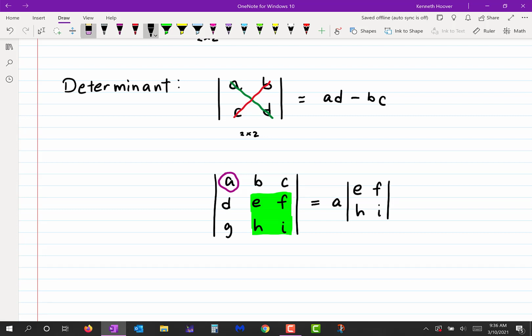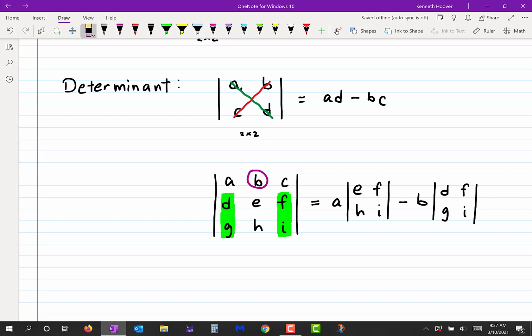Okay? And then minus, the minus is very important. And then you take B times the 2 by 2 determinant with these 4 numbers. So that would be B times the determinant of the matrix with DF, GI.